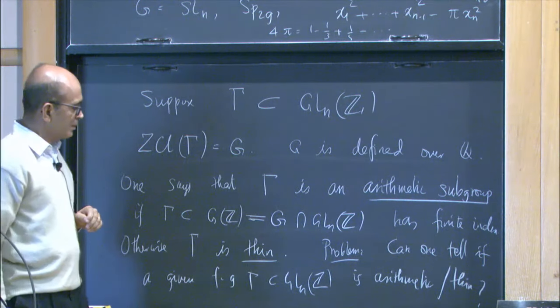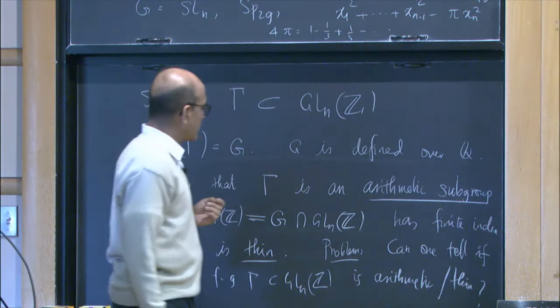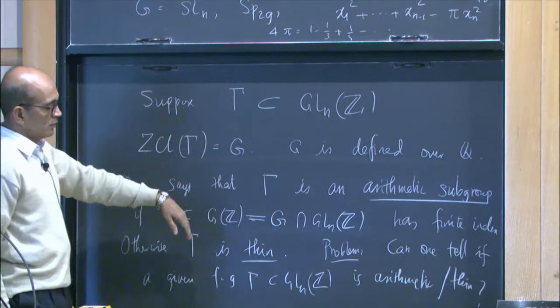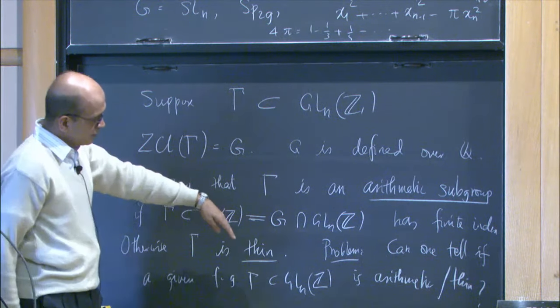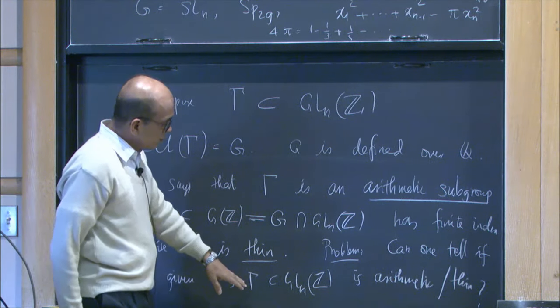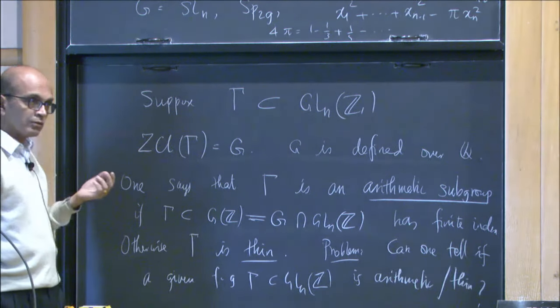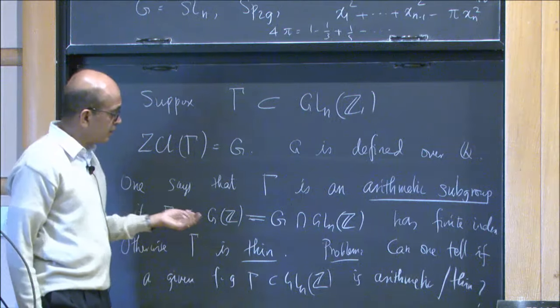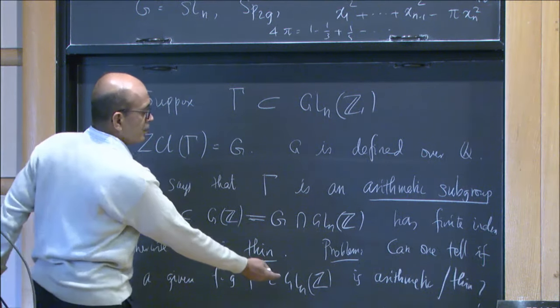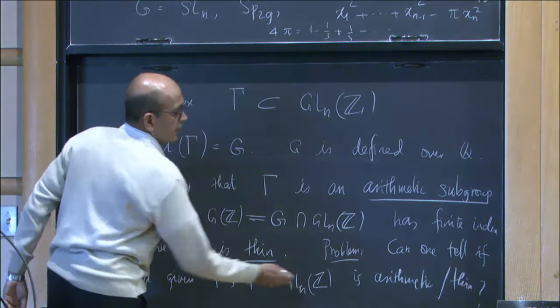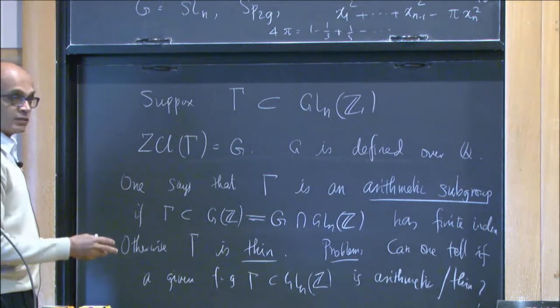One of the groups which occur in nature are the so-called monodromy groups. So the question that one wants to know is whether monodromy groups, which are very naturally defined, which can also be adjusted to be inside integer matrices, are thin or arithmetic.